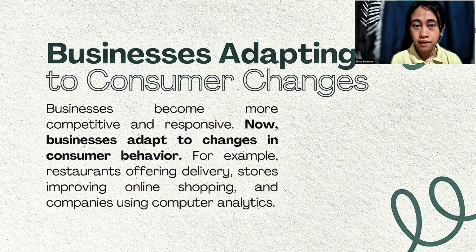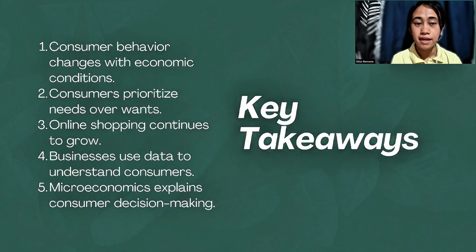economics. To conclude, this article shows that consumer behavior is constantly evolving due to economic uncertainty, technology, inflation, digital transformation, and changing lifestyles. In microeconomics, consumer behavior helps explain demand, spending decisions, utility maximization, and market changes.